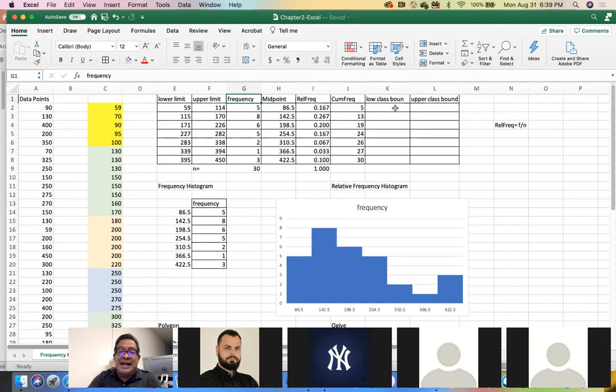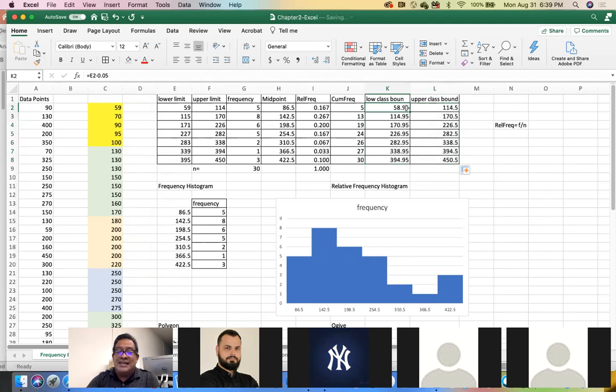To find the class boundaries, the lower is going to be minus 0.05, and then the upper is going to be the upper limit plus 0.5. As you can see, we are subtracting half a point here and adding half a point here. We are going to do the same in all the graphs, and we are going to get numbers that reflect our class boundaries.